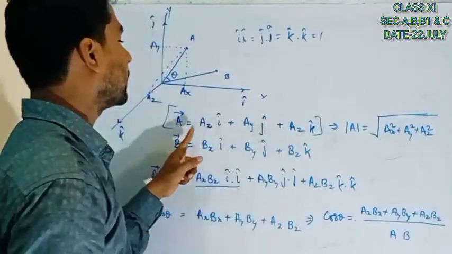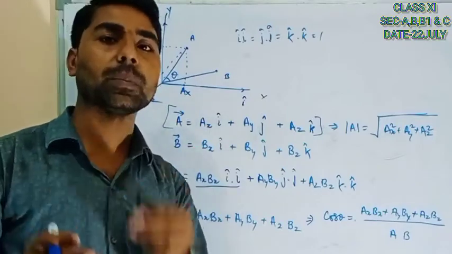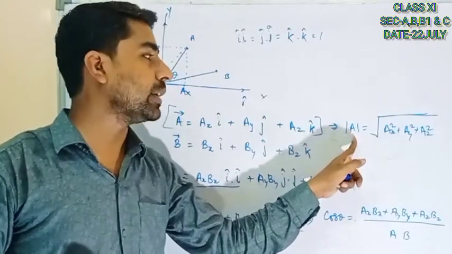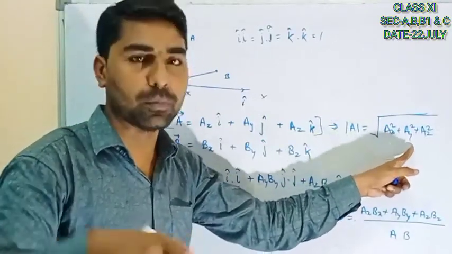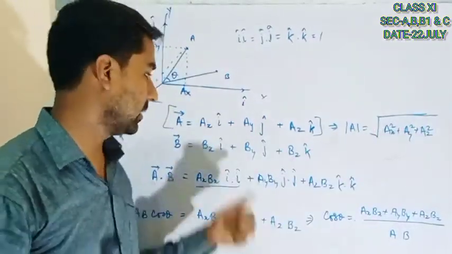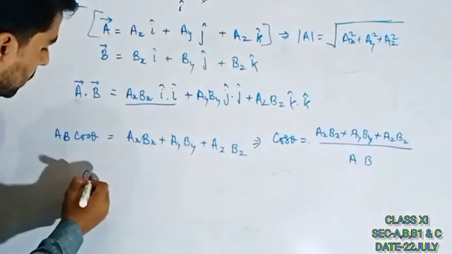Like vector r is equal to vector a plus b. So r is equal to what? Under root a square plus b square. Same way, for the magnitude of vector r we calculate a square plus b square. Here one more vector is here, so ax, ay, az individually squared. Same way here you can see. So changing to that, what you are getting?